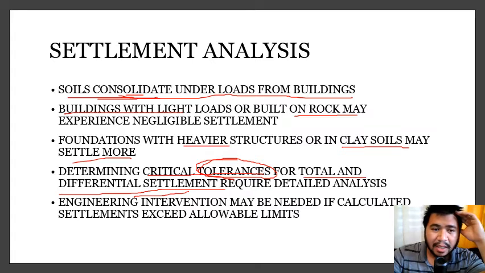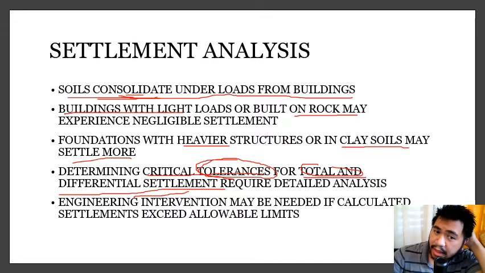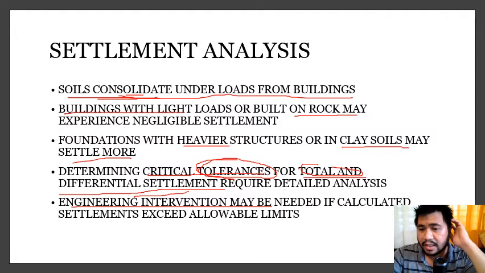Sorry for that. So you basically have to compare. You can calculate the total and differential settlement, and then compare it with your allowable limits. Now if they're exceeding your allowable limits, you have to do some engineering intervention. We'll be discussing that later on.